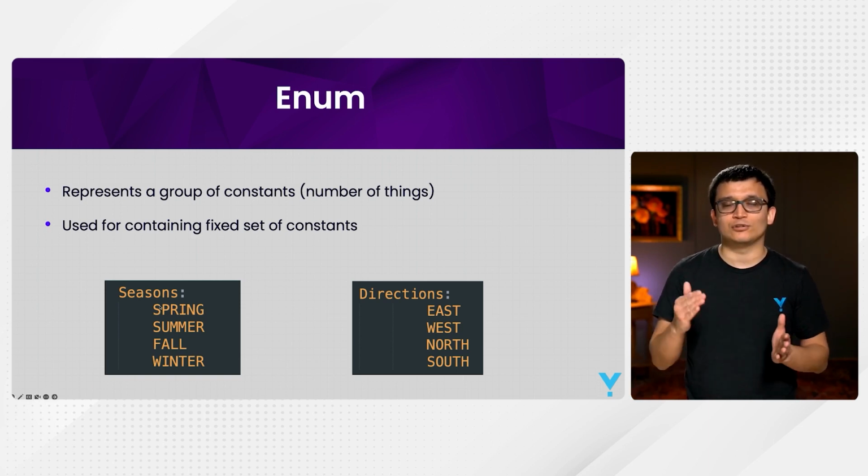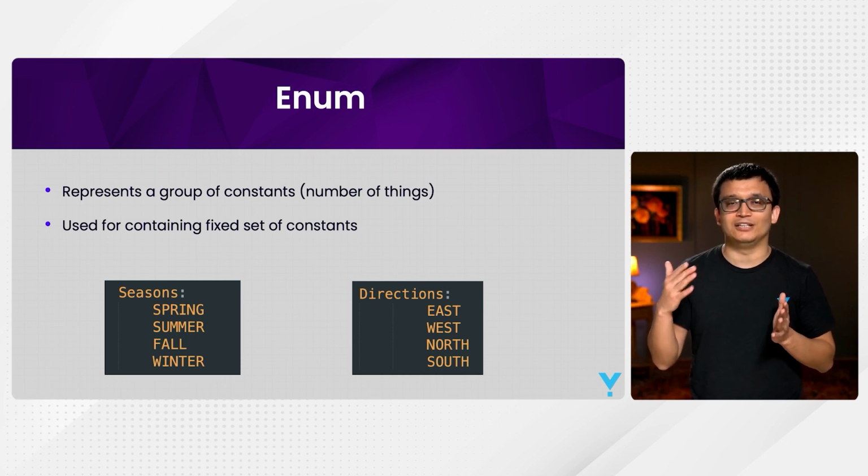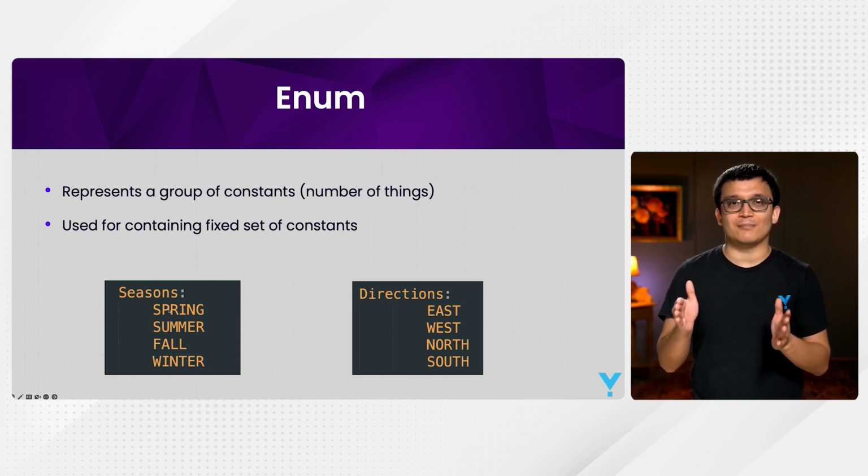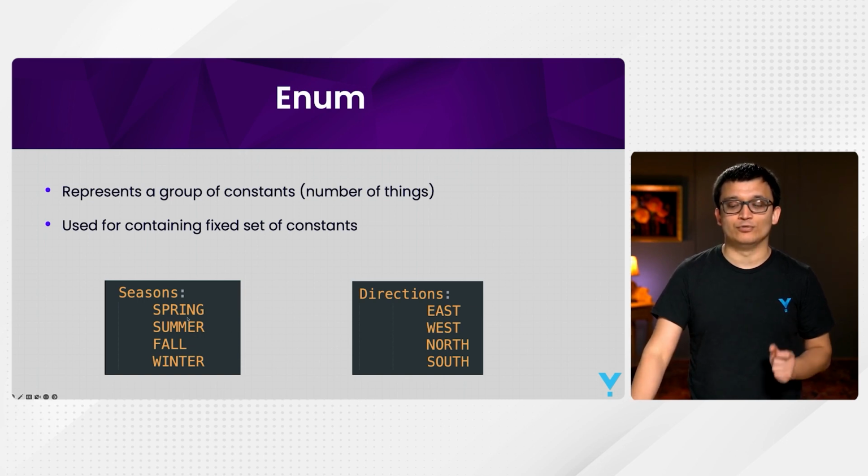So therefore, what I can do is first declare an enum. I can create an enum just for the seasons. Then next time when I use that enum as the data type, it will only allow me to assign one of those values that I specified in the enum.